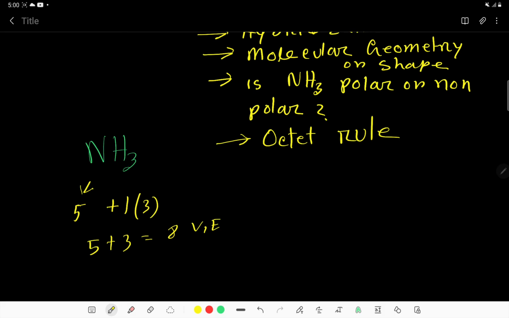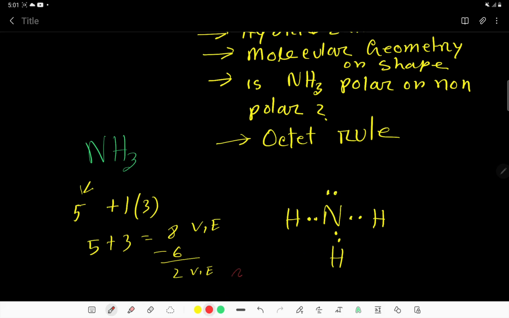So let's get started. Nitrogen is the central atom and hydrogen is always considered as an outer atom, right? To connect, I have to use 2 dots or a single bond, right? So for connecting these 4 atoms, we have used 2, 4, 6 valence electrons out of 8. So we have 2 valence electrons left. These 2 valence electrons must go over the nitrogen.